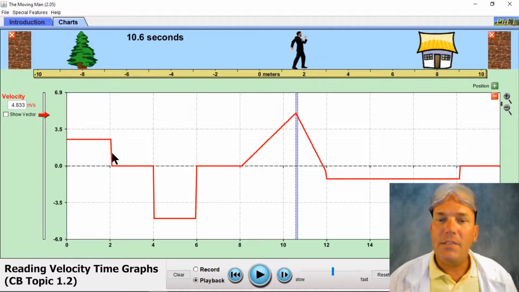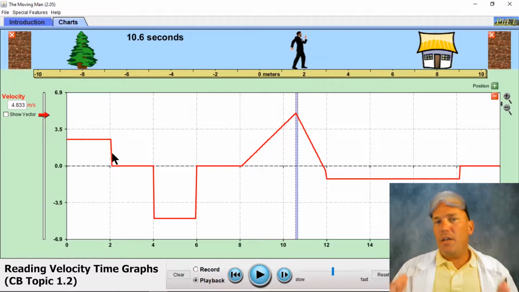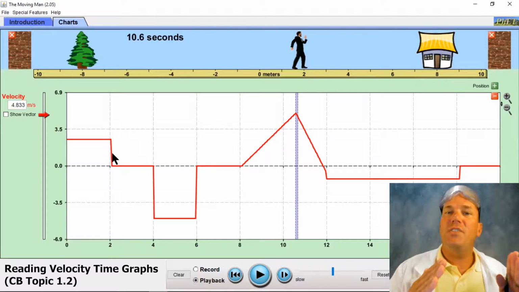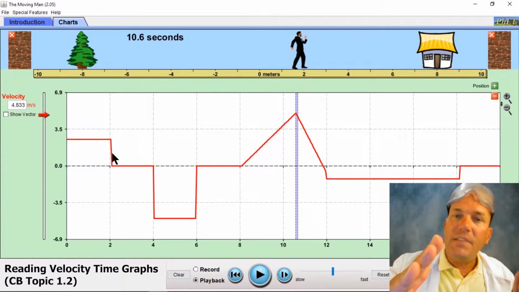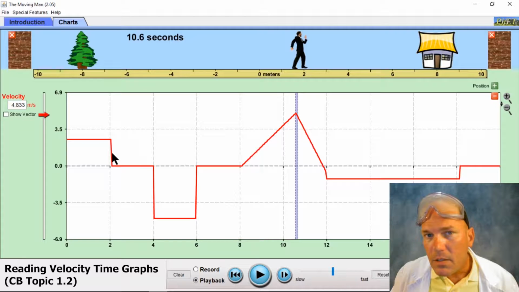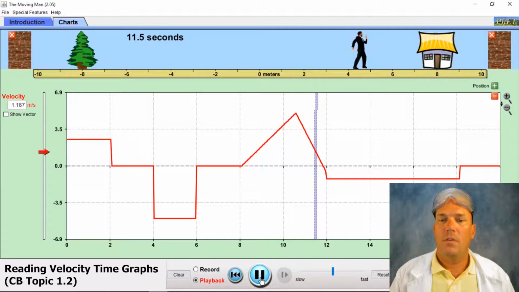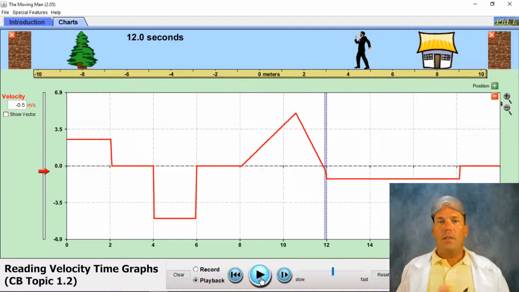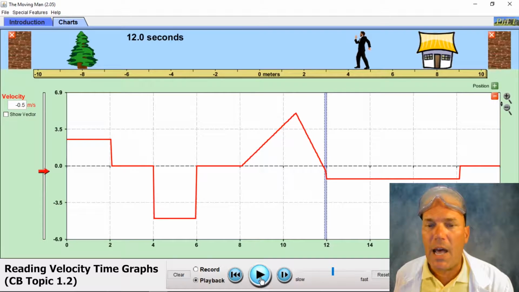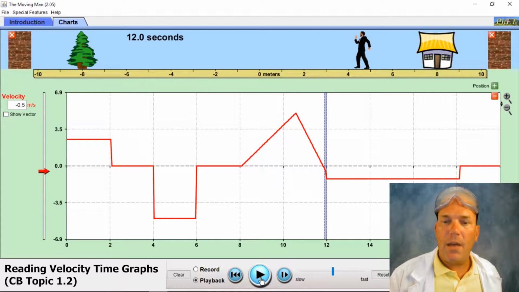So this man's velocity is decreasing, but at a constant rate. In other words, the man will slow down. The man slowed to a stop, now has turned around.